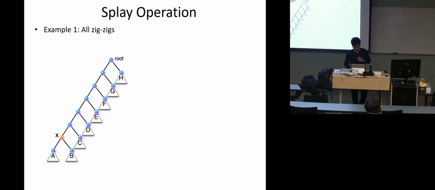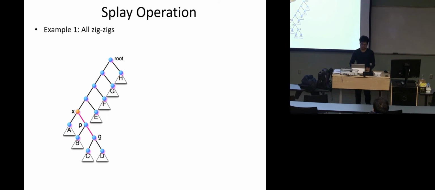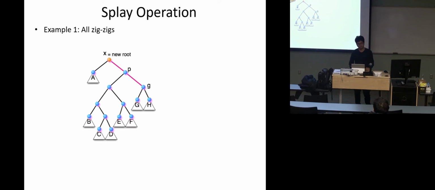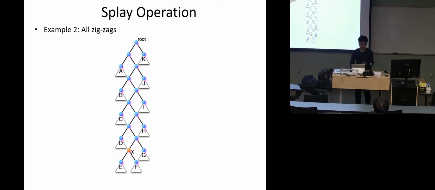Let's see an example like this. In this case, you keep doing zigzag. Do it once, do it twice, do it again, and that's when you're done. X has become the root now. If the tree is like this, then you keep doing zigzag.